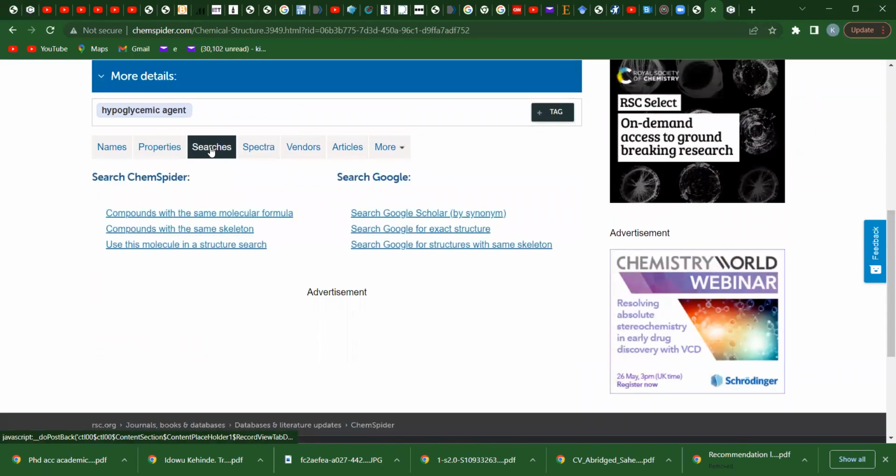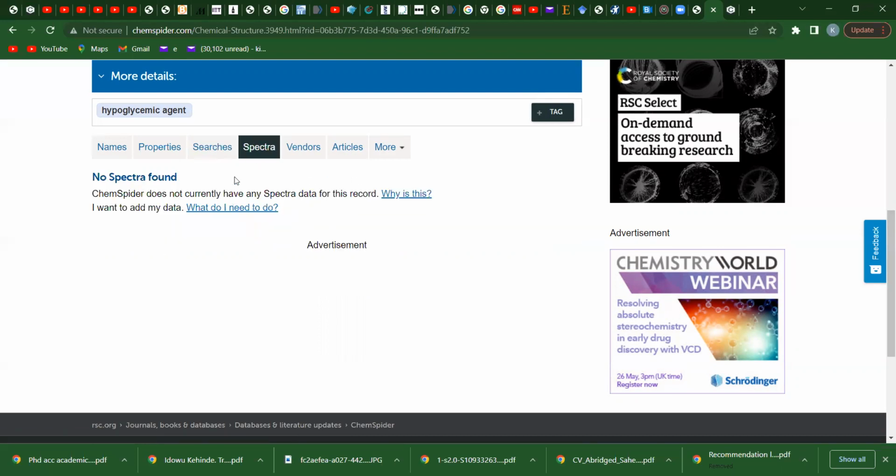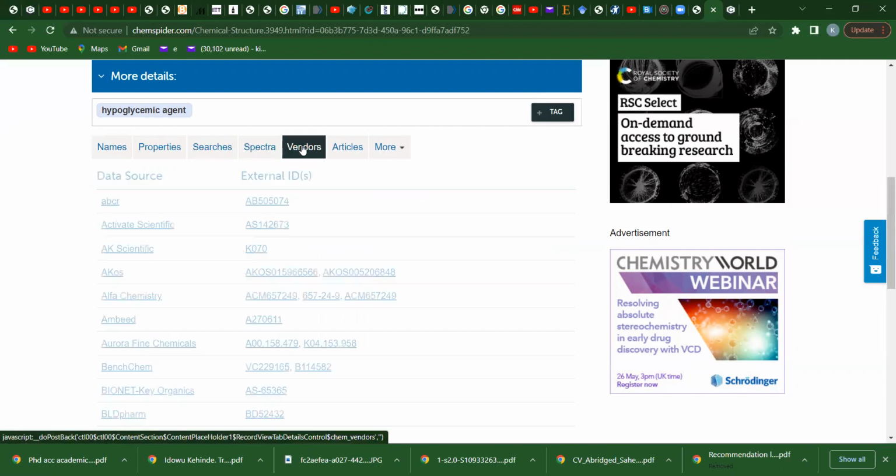Let's go to searches, compound with the same molecular formula. If you are looking for similar compounds to metformin, just click on compound with the same molecular formula or compound with same skeleton, same structure. It gives you information about the spectrum. This one does not have the information about the spectrum. Vendors, where you can get it.